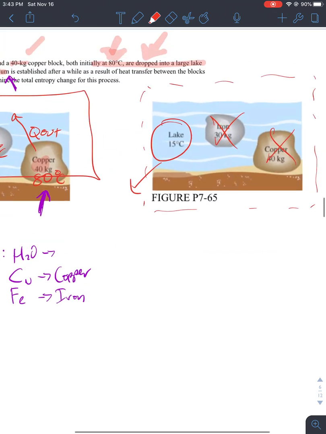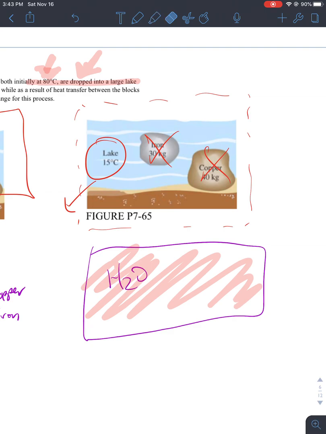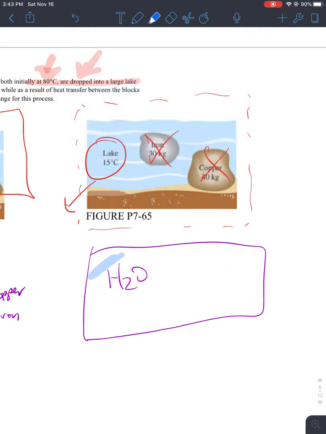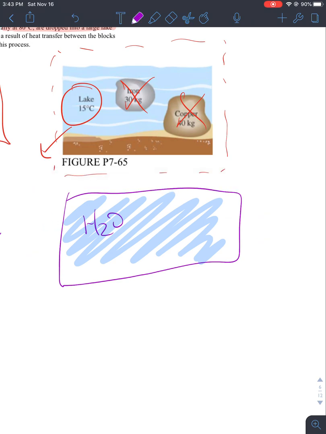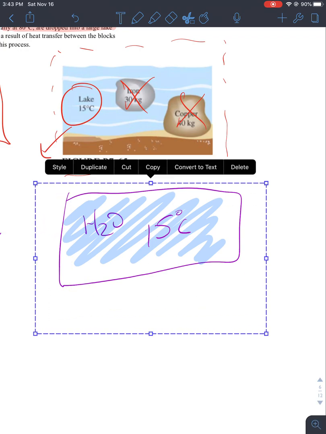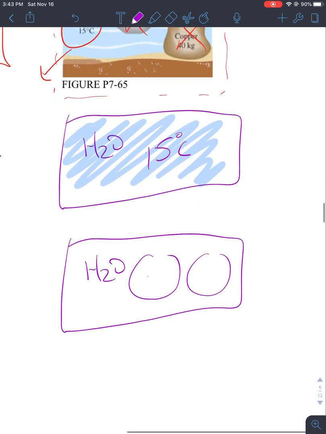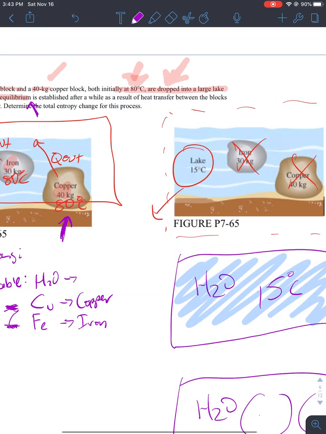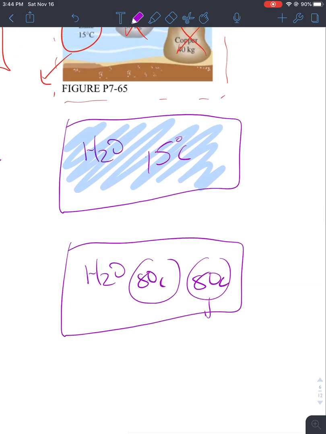Before, just imagine that you have this block of water. There's water everywhere, at a temperature of 15 C. And afterwards, this stuff just teleports in at equilibrium, both initially at 80 C. So those things teleport in, and there's no kinetic energy.